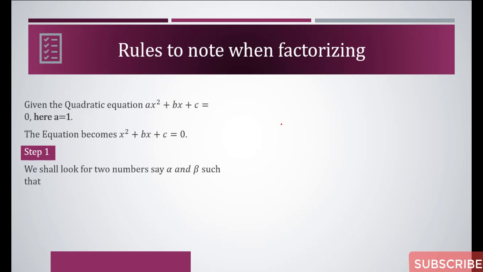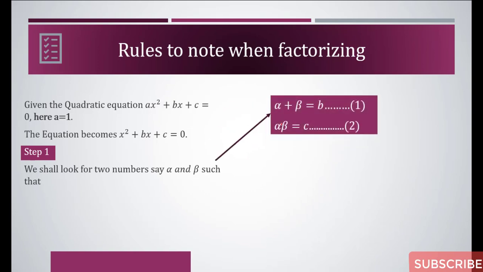We begin by looking for two numbers, let's say alpha and beta, such that the sum of those two numbers gives us b, and the product of the two numbers gives us c. The easiest way to get these values is to write down the factors of c. Both the positive and negative factors will enable us to easily get the two values alpha and beta.